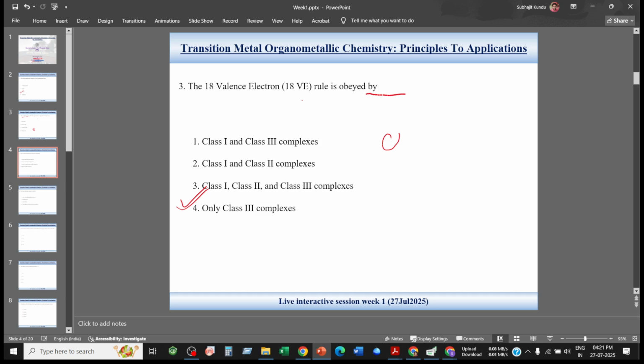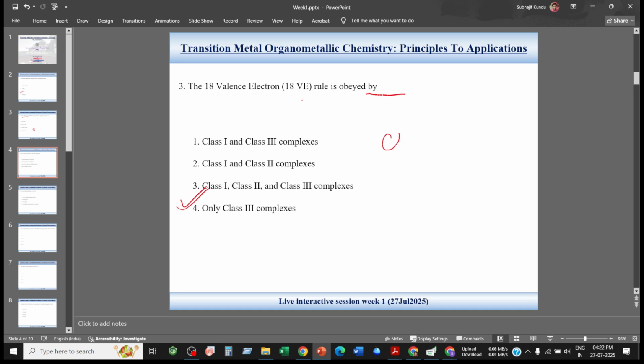So here the question says that the 18 valence electron rule is obeyed by. The 18 valence electron rule is specially made exclusively for the class 3 complexes. Whereas any number of valence electrons except 18, we call class 1. Any number of valence electrons less than 18, we call class 2, and for the 18 electron we call it class 3.